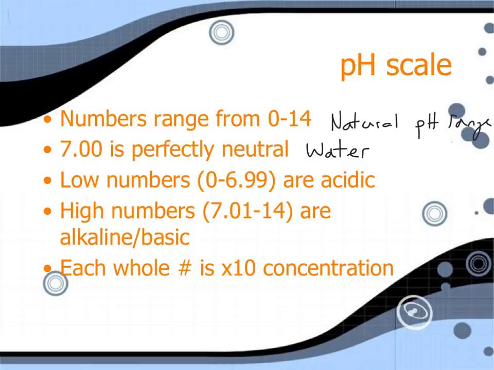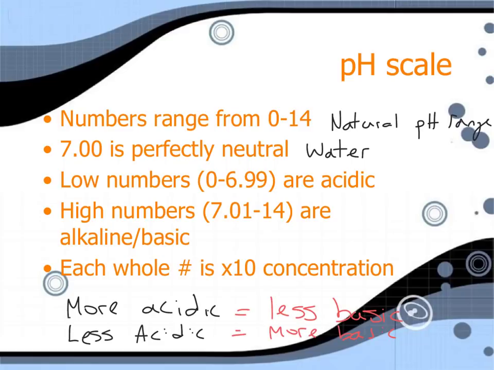Now it's important to know that when I talk about more acidic or less acidic, these terms can be interchangeable with the concepts of basicity or alkalinity. When I say something is more acidic, it's assumed that I also mean that it's becoming less basic. And by logic, you assume that if something is becoming less acidic, it's becoming more basic. Now let's get back to the actual notes.